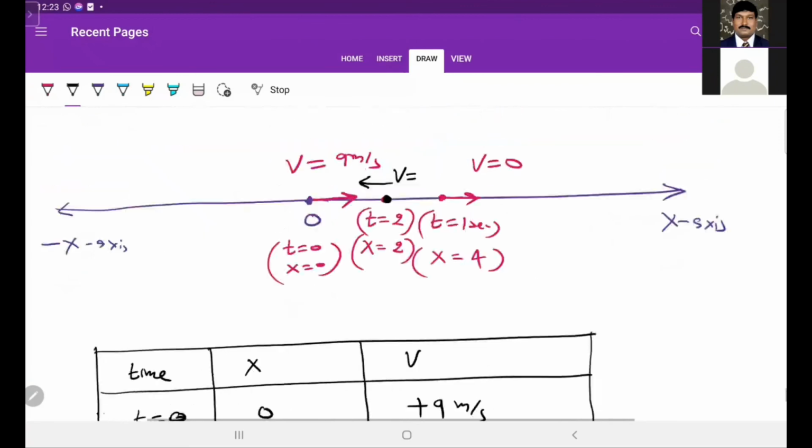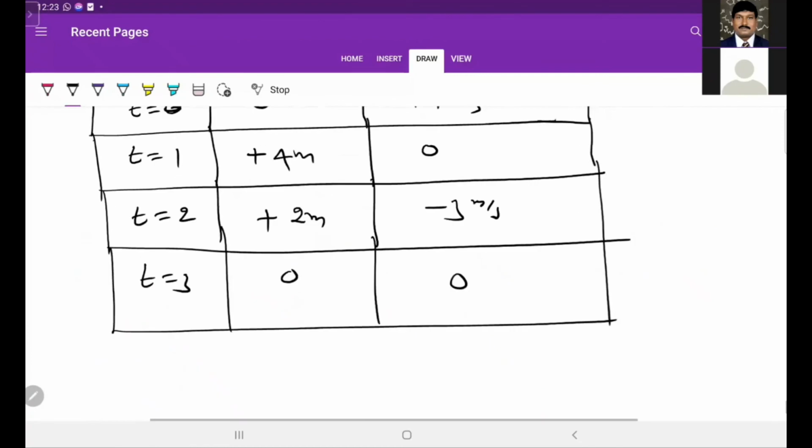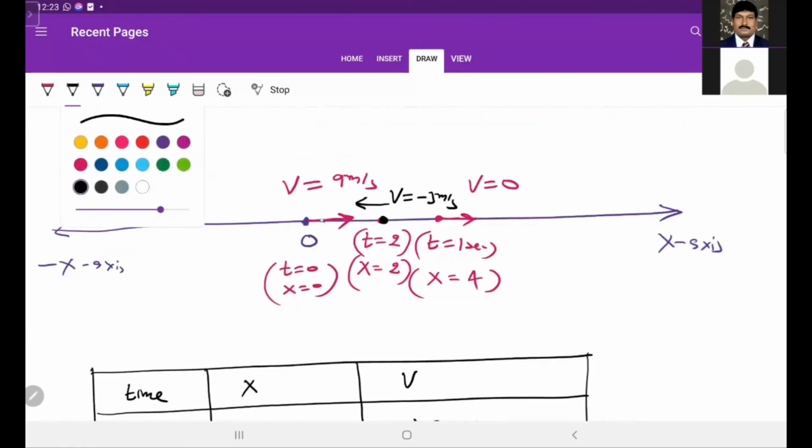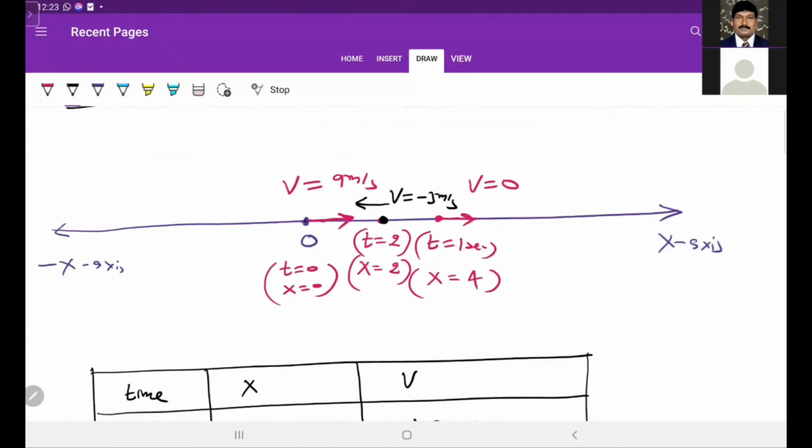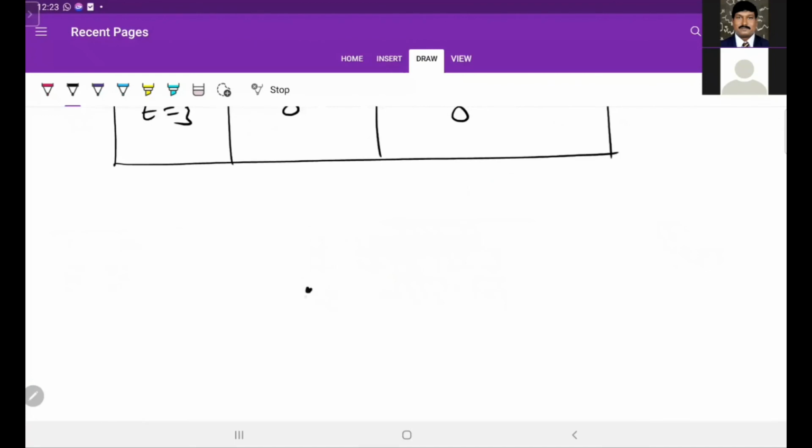And after time 3 seconds, now it is exactly on the origin. So velocity is now 0. So that means the particle started at origin, it is going forward, and again it is returning back, and again it comes to origin once again.